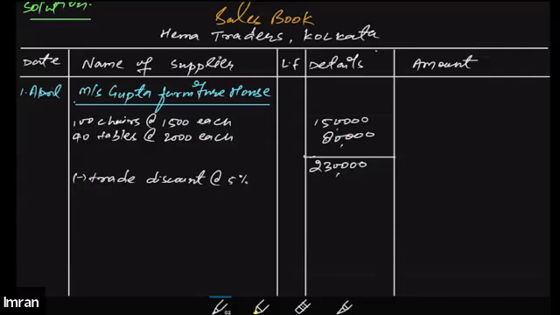So 5% of 2,30,000 is 11,500. And after subtracting this, we will get 2,18,500.